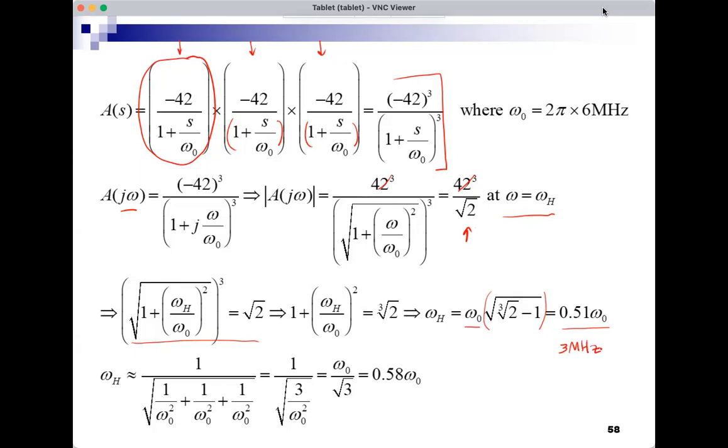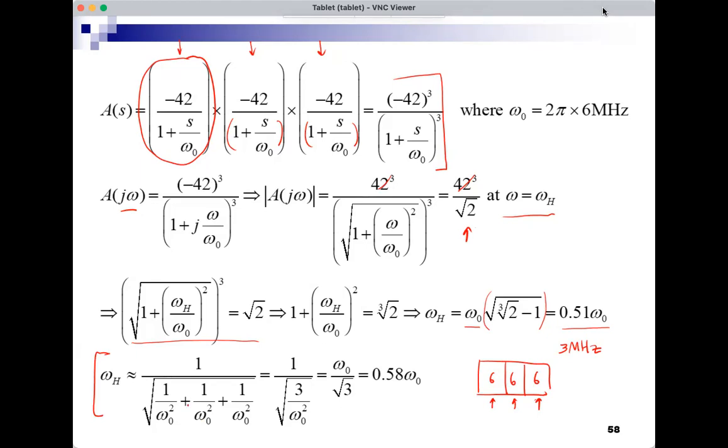So it's half. Can I get this without going through all these math formulas and details? Well, yeah, we can do this approximation. We can assume that the overall amplifier, the 3 stages, are like 3 poles in one amplifier at 6, 6, 6, and then use this square root approximation.